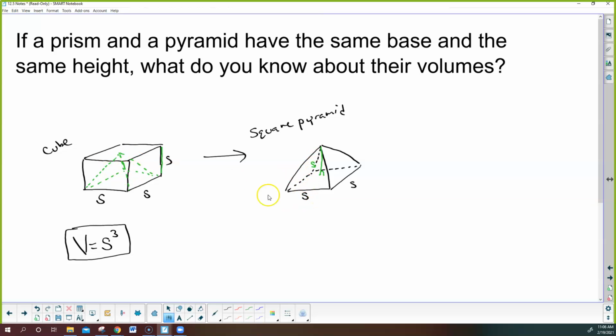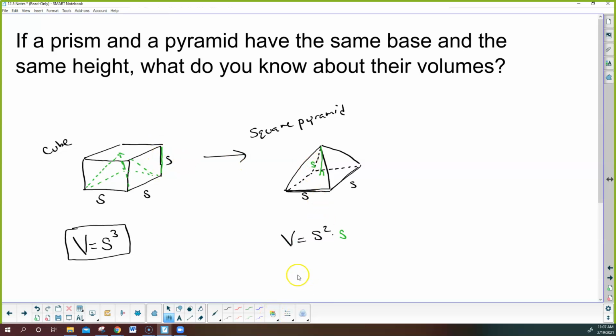It's really hard to do this any justice. But my question to you then is, what do we know about the volume? Well, the volume is definitely the area of the base, which is side times side. And then we usually incorporate the height as well, which is also the same length as S, because that height is the same as the side length.